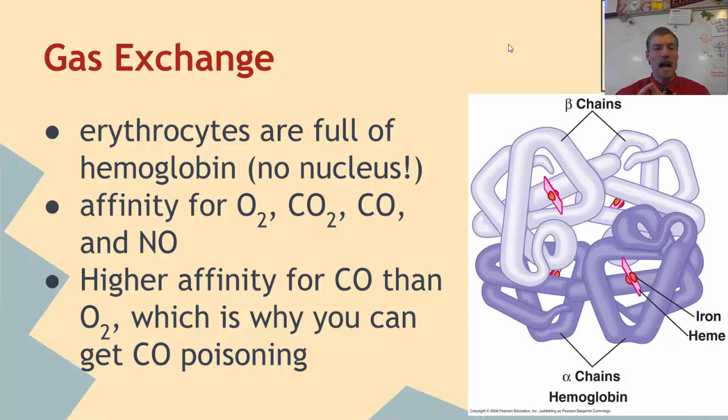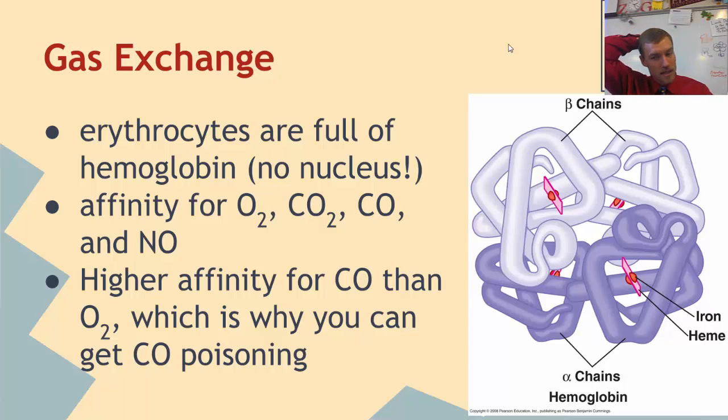However, it actually has a higher affinity for carbon monoxide than for oxygen, which is why you can get something like carbon monoxide poisoning. And that's why you should probably think about, if you have a furnace or something like that, having a carbon monoxide sensor, so that if carbon monoxide levels get too high, you can get out of the house. Because the problem is that carbon monoxide binds to your hemoglobin, prevents oxygen from binding to it, and you can suffocate even if there is plenty of oxygen in the air around you.